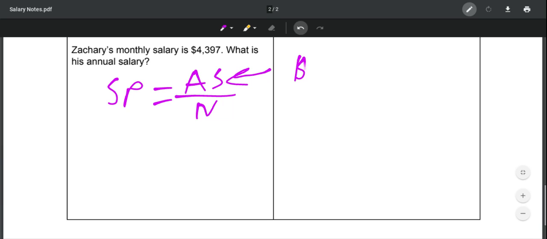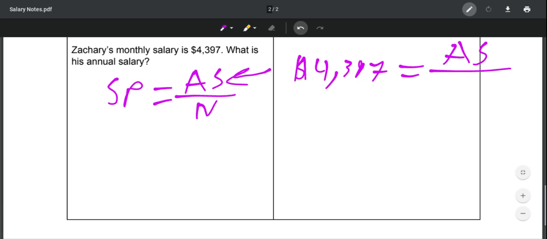So we know SP is 4,397, and we set that equal to AS over N, because it didn't tell us the annual salary. Since it's a monthly salary, the number of periods is 12. Now we solve for AS by multiplying both sides by 12.